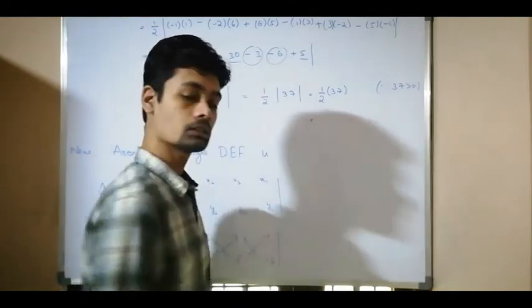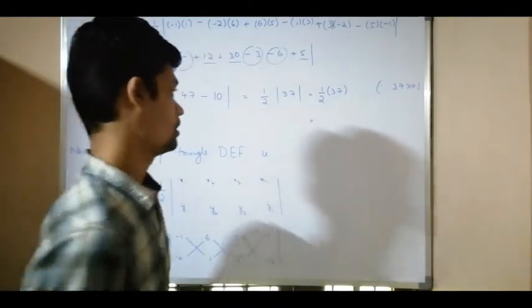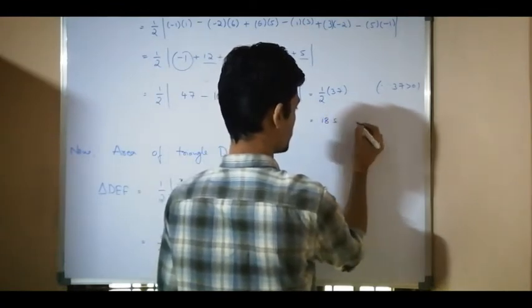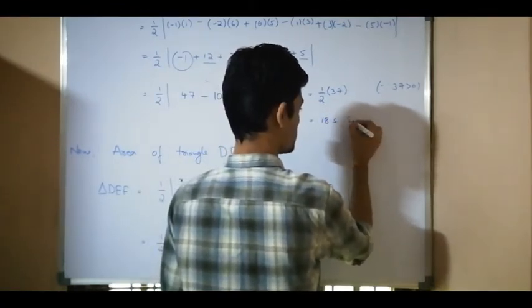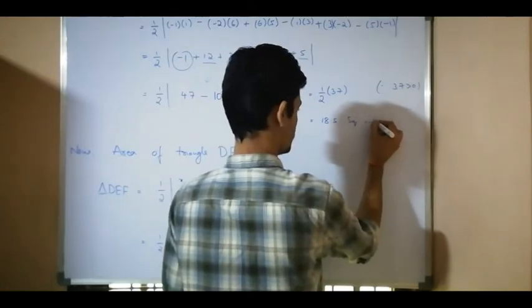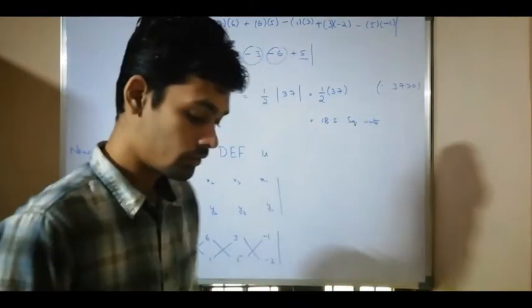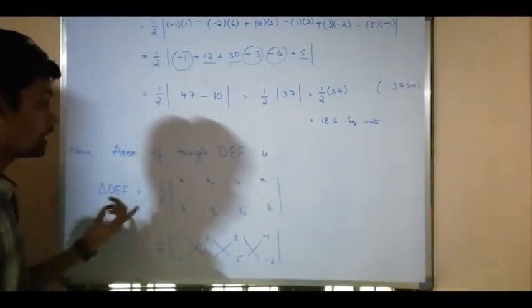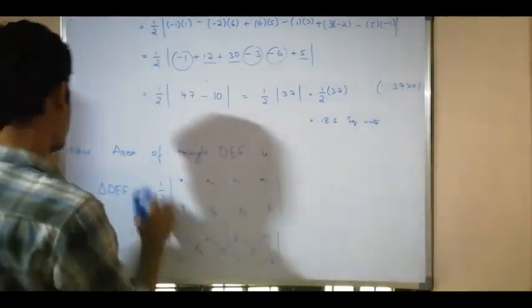Directly you can write the answer here, or you can write 18.5 square units. This is the area of the triangle DEF. But the question is the area of triangle ABC.